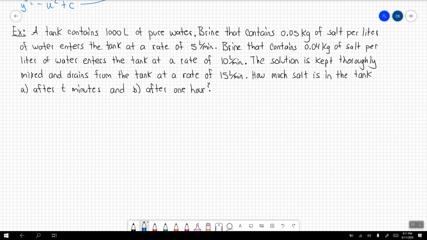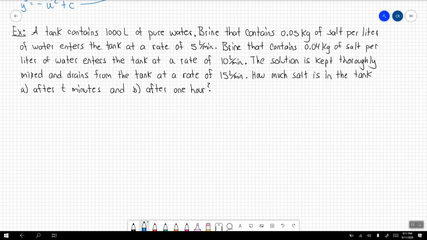Brine that contains 0.04 kilograms of salt per liter of water enters the tank at a rate of 10 liters per minute. The solution is kept thoroughly mixed and drains from the tank at a rate of 15 liters per minute.